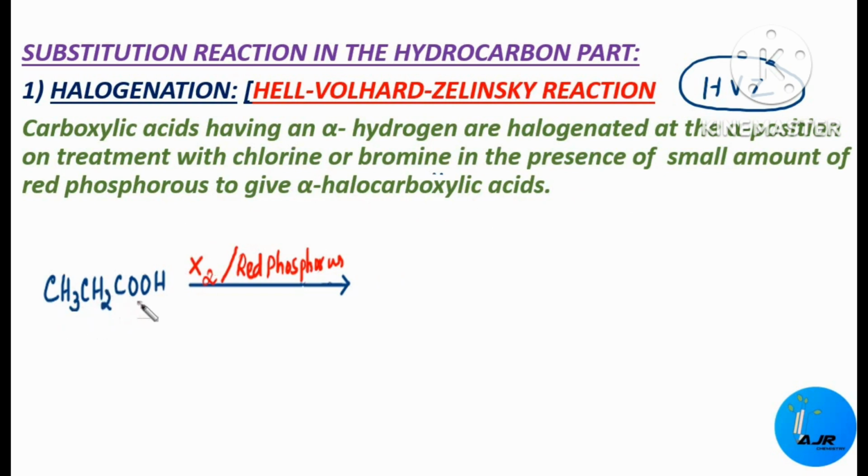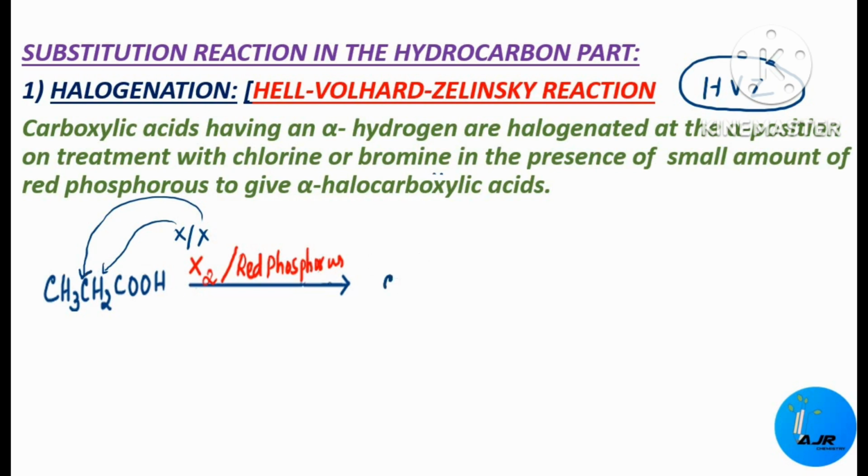So CH3CH2COOH is taken. So what happens here? One of the halogen atoms will be combining with one of the hydrogens, and the rest will be combining with this carbon.